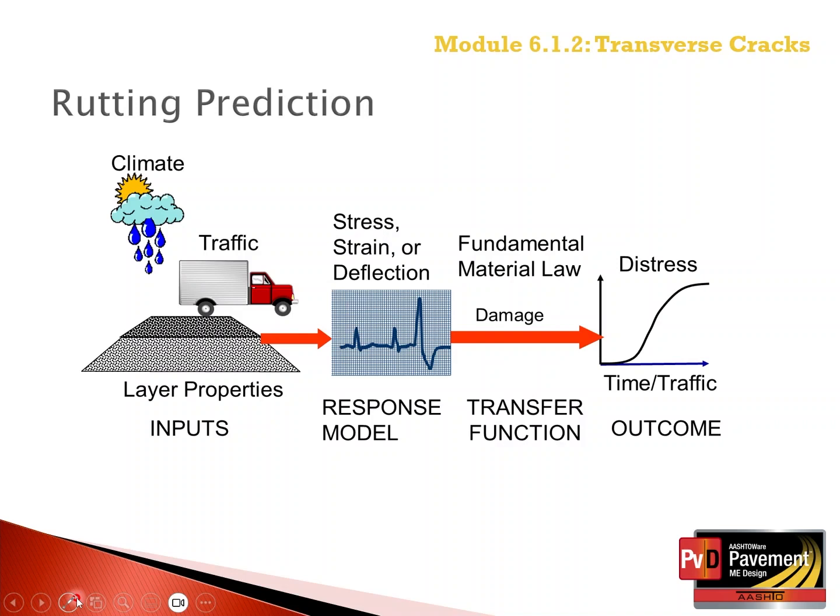Remember from Module 2, the critical pavement responses are used to determine or calculate damage. In the case of transverse cracks, the transfer function converts the thermal damage to what we can see and measure on the pavement surface, the length of transverse cracks.